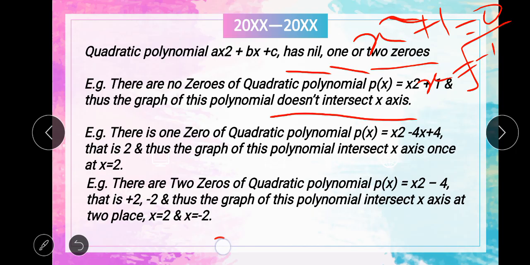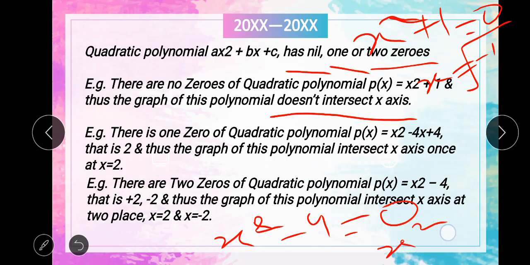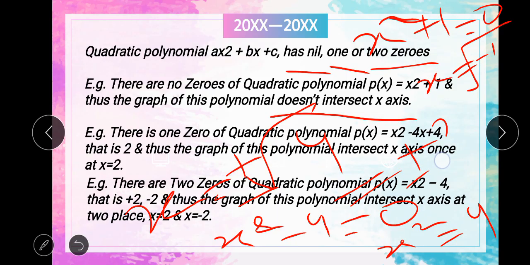If you equate x square minus 4 with 0, you get x square is equal to 4. On removing the square, you get x is equal to plus minus root 4, then you get plus minus 2. Hence the given polynomial has 2 zeros.